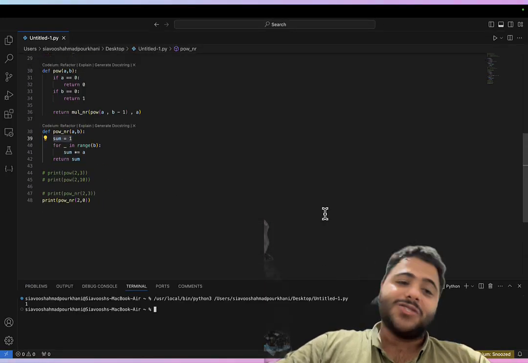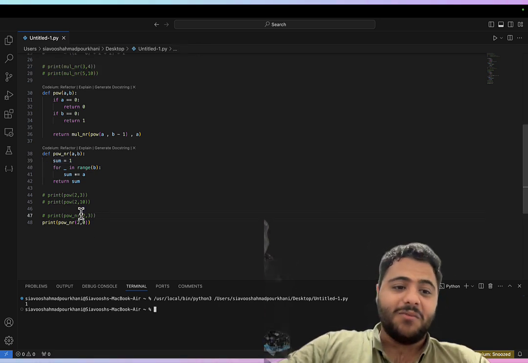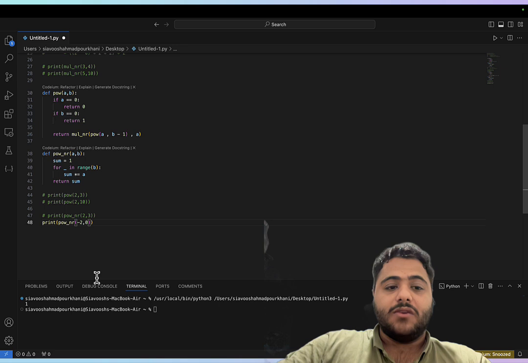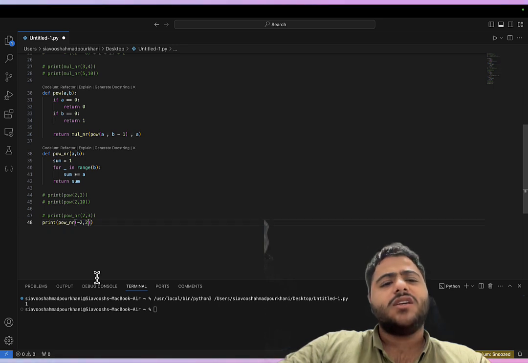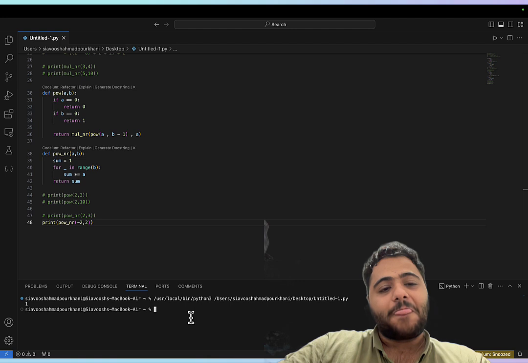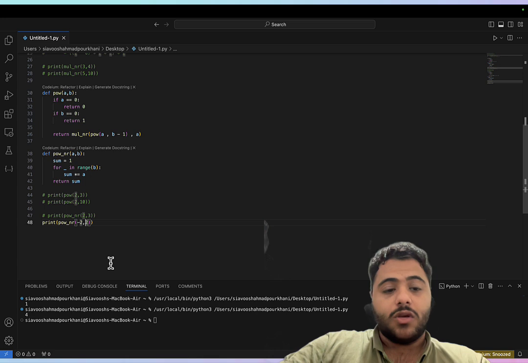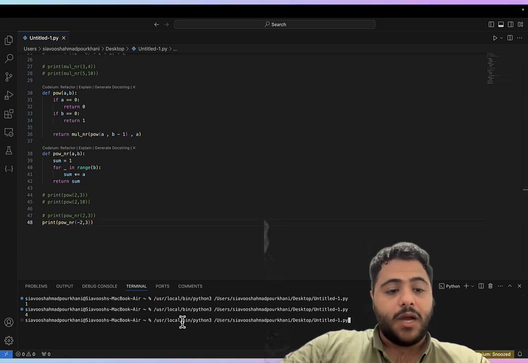So our code kind of works, although it's not working for negative numbers. For example, actually I think the nonlinear one works for the negative bases. Yeah, that works, but that should be -8.